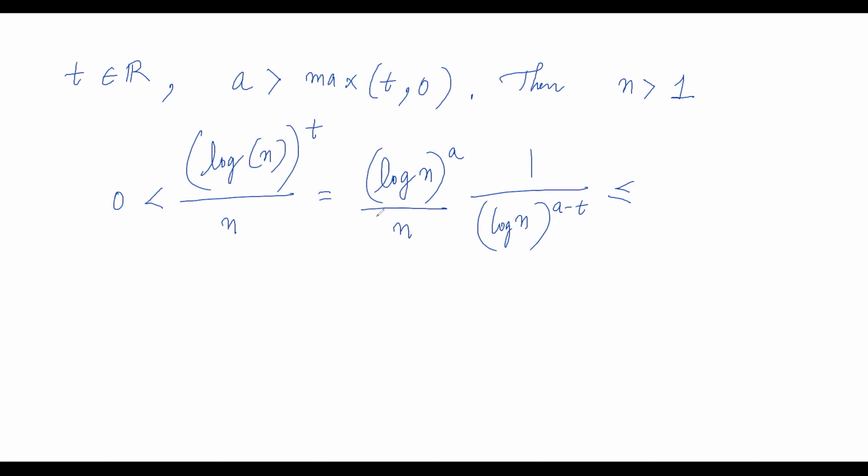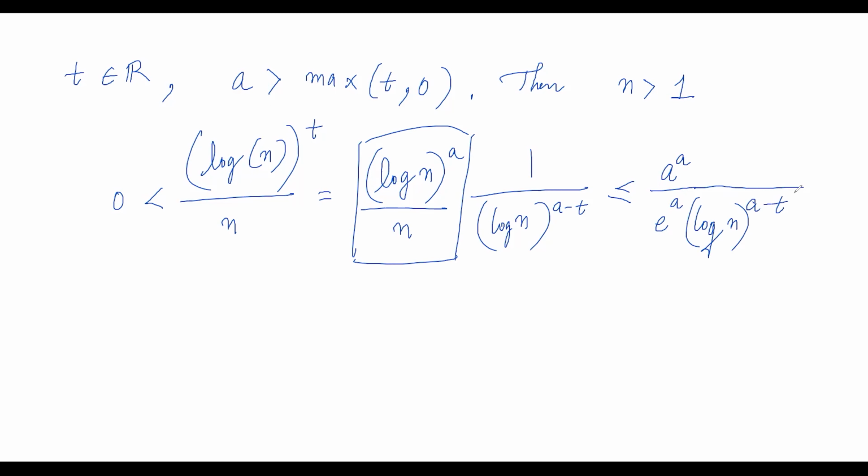Now I am again using my claim here, and so this is less than or equal to (a to the power a, e to the power a) over (log n) to the power a minus t. And now we can say that this part tends to 0 as n tends to infinity.